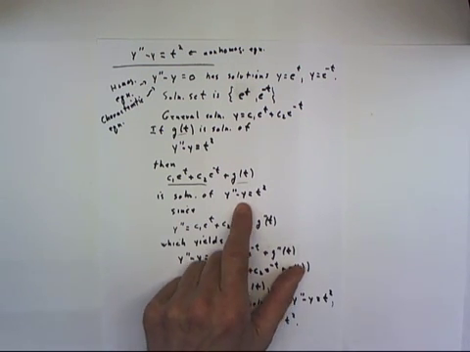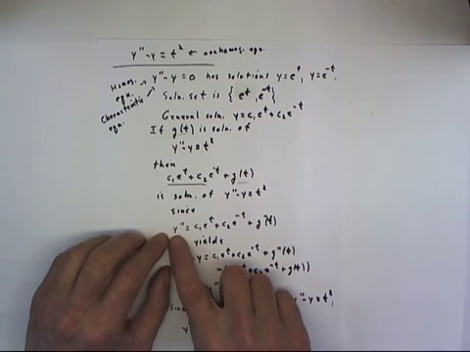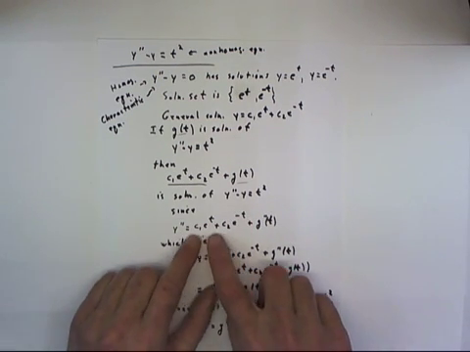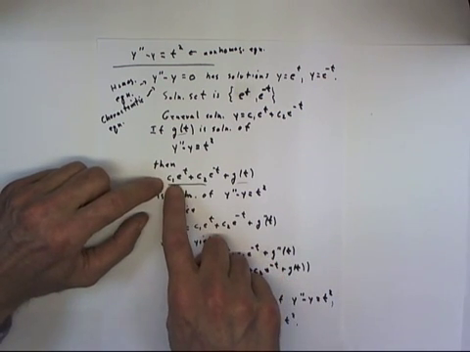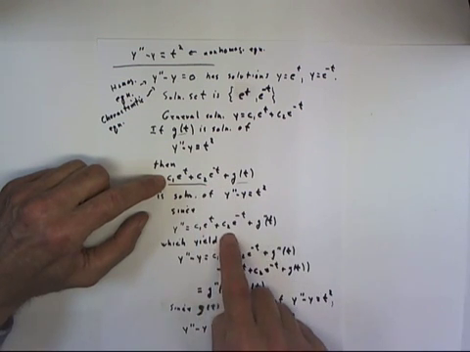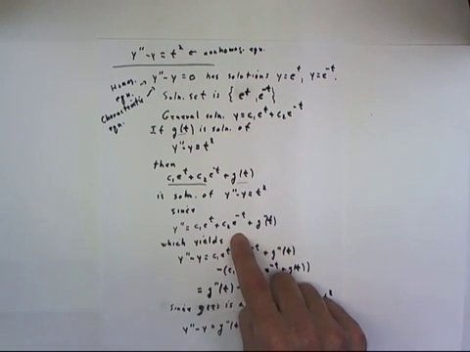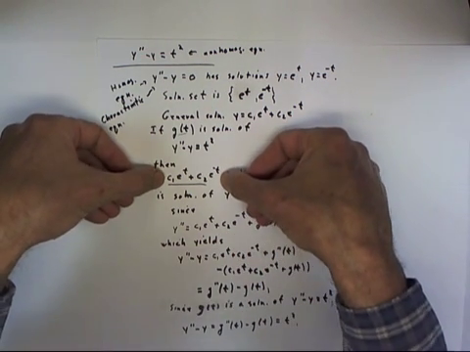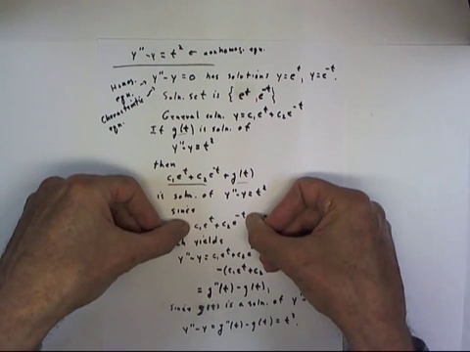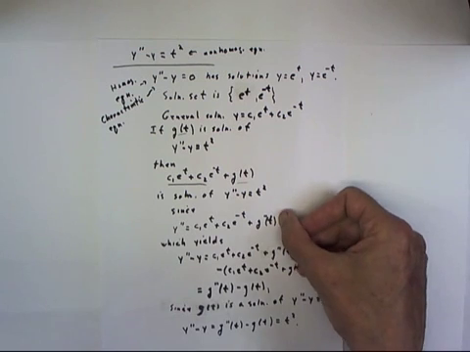Now why is that? You might have worked through the details of that in response to the preceding clip, but the reason is fairly simple. Y double prime is going to equal the second derivative of this: c1 e to the t is just c1 e to the t, and the second derivative of c2 e to the negative t is c2 e to the negative t, and the second derivative of g of t is g double prime of t.